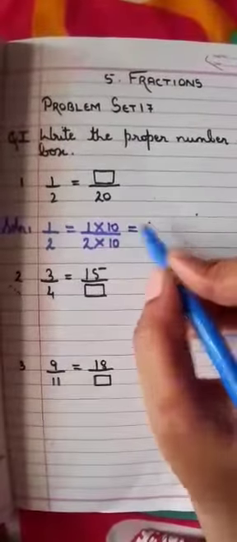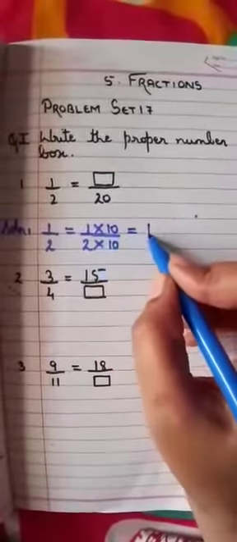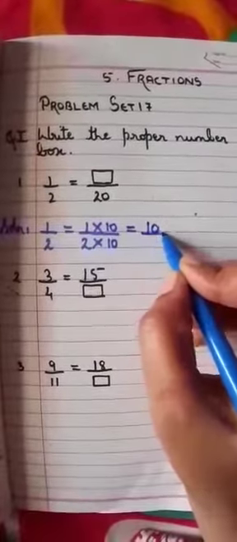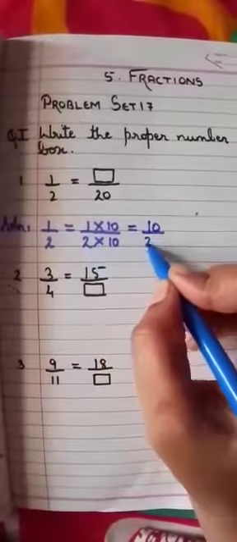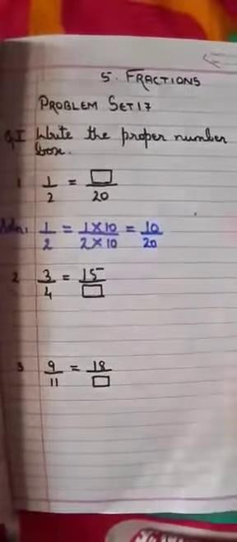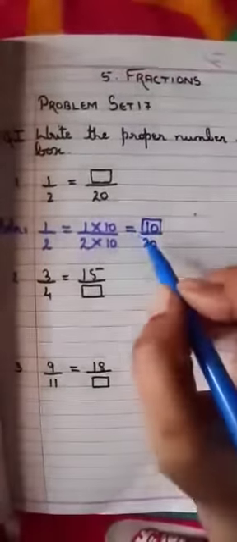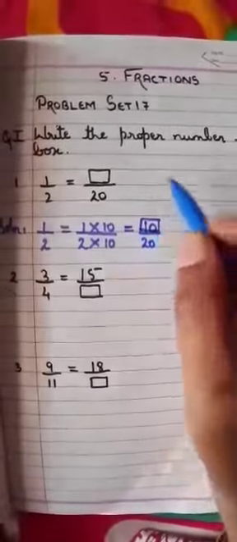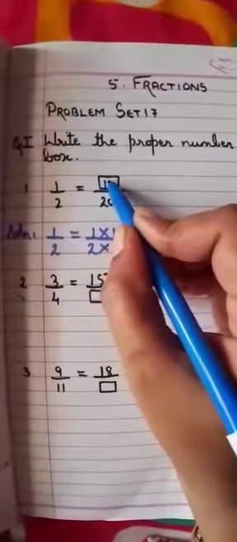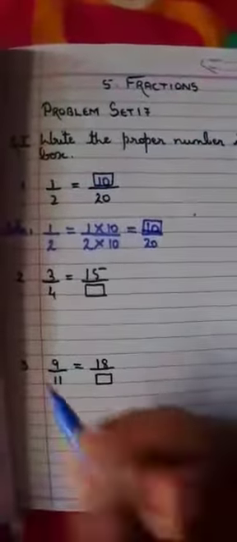So we get the answer as 1 tens are 10 and 2 tens are 20. So here 10 is what? 10 is the answer. So what will come here? Here it will come as 10.